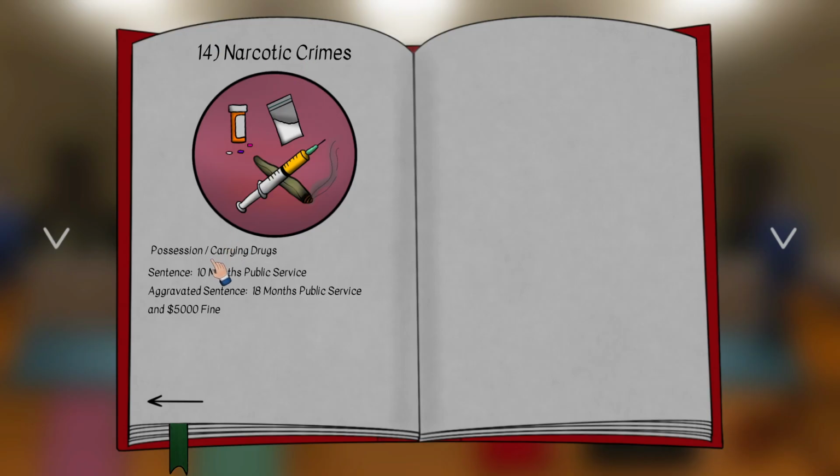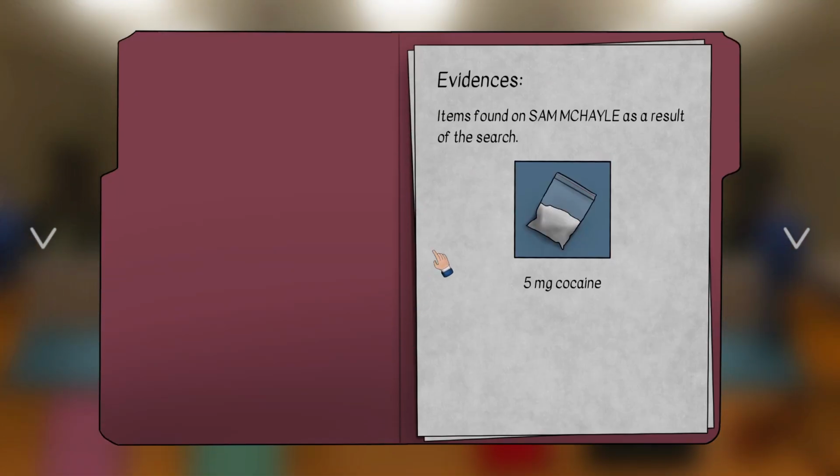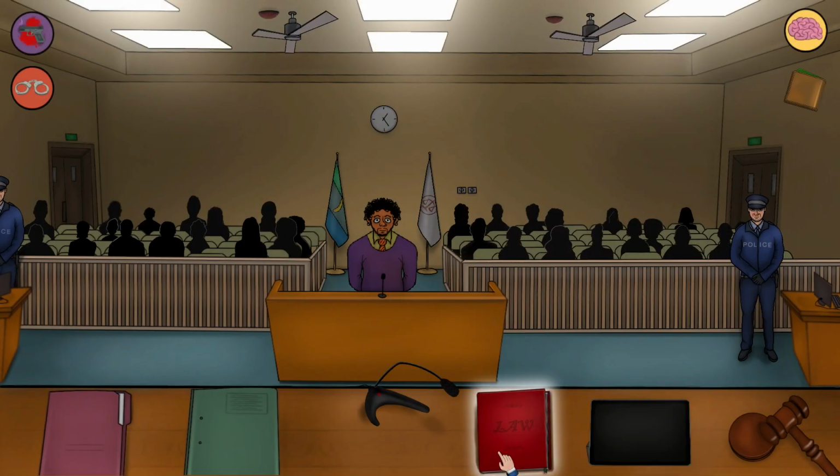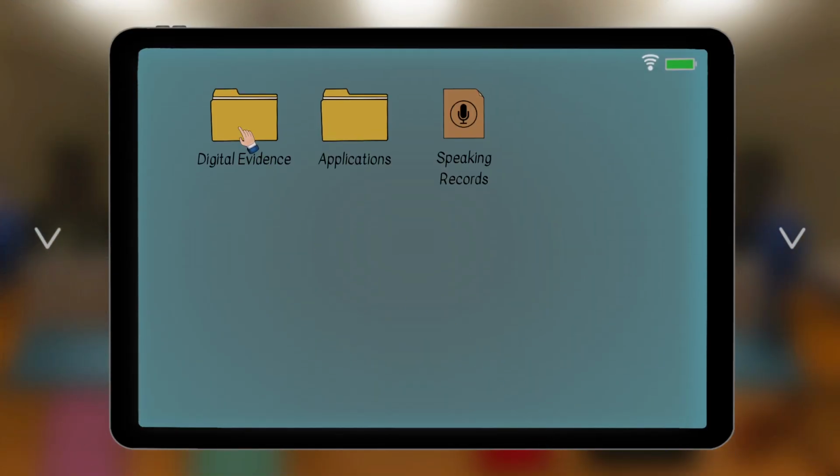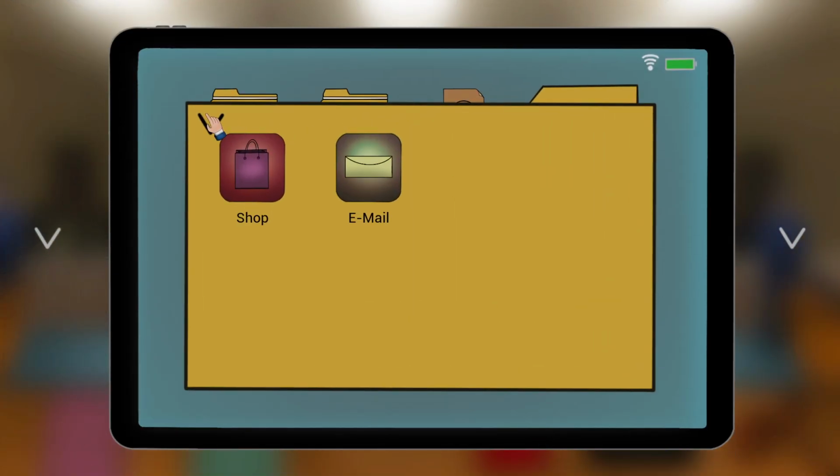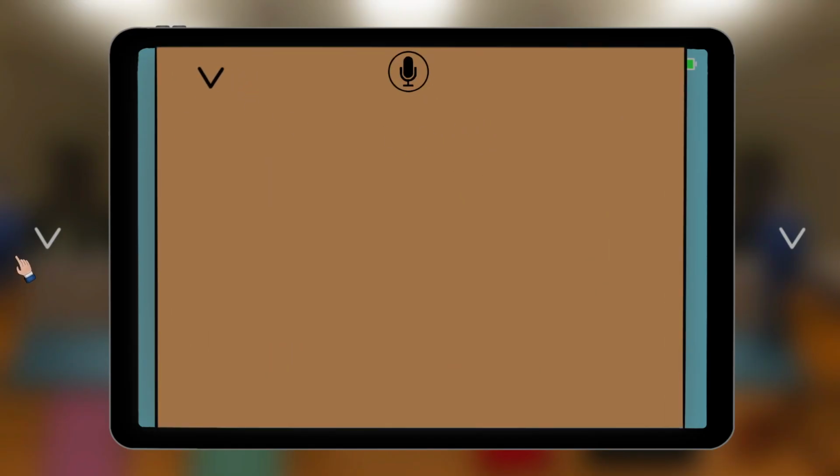Narcotic crimes, possession, carrying drugs, 10 months of public service, aggressive sentence, 18 months of public service. Okay, you know what? I'm gonna give him 10 months. Hold on, let me see the evidence. Is there any digital evidence? No. Any speaking records? No. Okay.